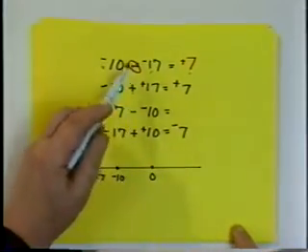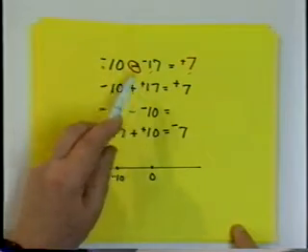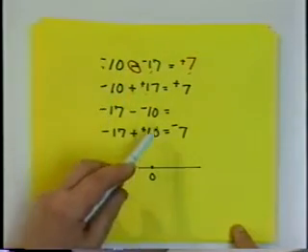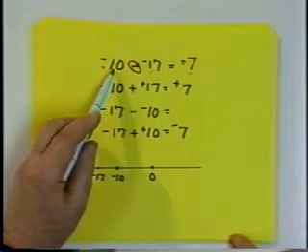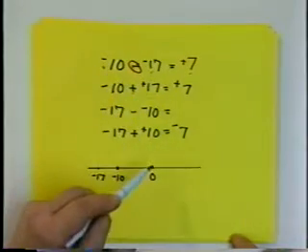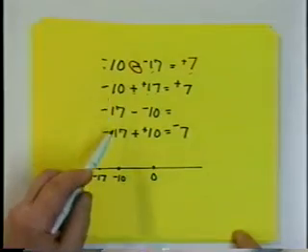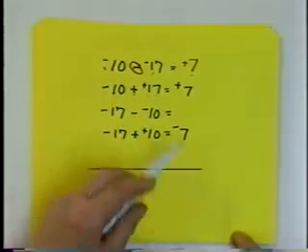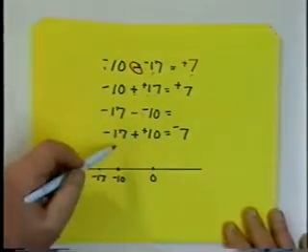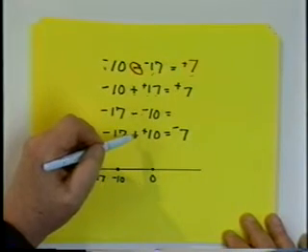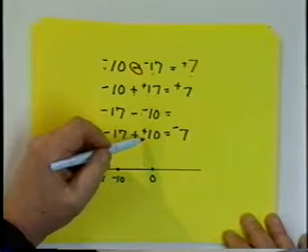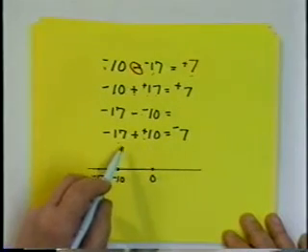By the way, unlike addition, where order doesn't make any difference, in subtraction it does. Let's look instead of negative 10 minus negative 17, let's switch the order and look at negative 17 minus negative 10. The rule stays the same. Leave the first number alone, change the subtraction to addition, replace the second number by its opposite, and do the resulting addition problem.